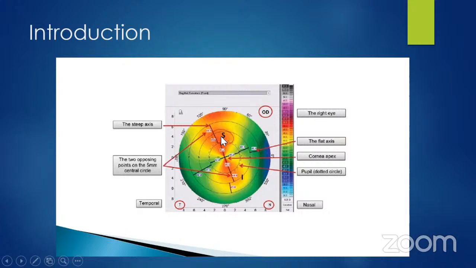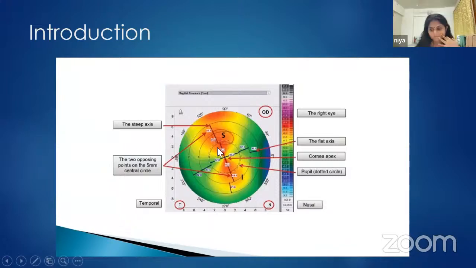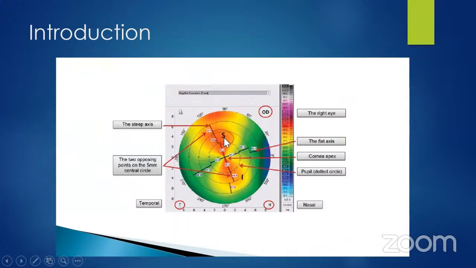Whereas if the astigmatism is different, you would see a different size of the bow tie here and a different size of the bow tie on the other side. And then the axis, whether it is straight or skewed, is the other part that you need to look into.